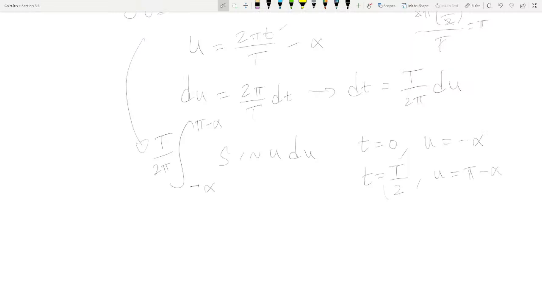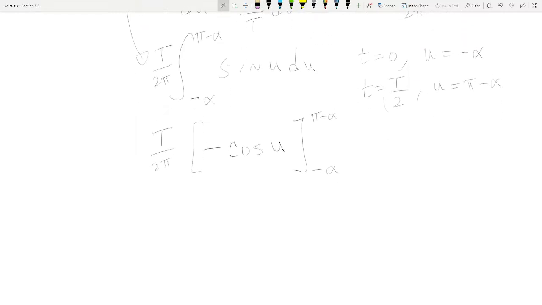Okay, let's do that. The antiderivative of sine is minus cosine u. We're going to evaluate that from minus alpha to pi minus alpha, and we will multiply that by T over 2 pi. I'm going to plug in the pi minus alpha, so I have minus cosine of pi minus alpha, and then minus minus cosine of minus alpha.